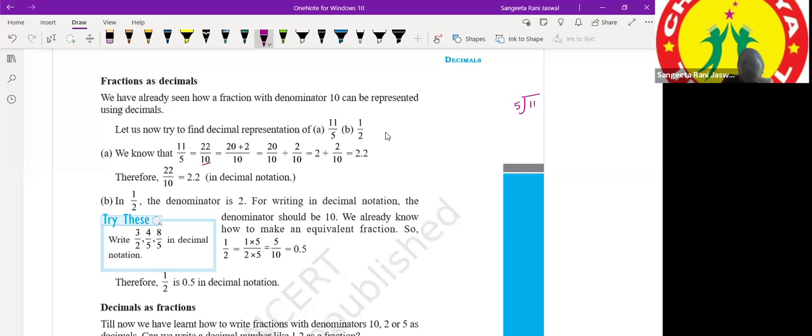Then 11 will also be multiplied by 2, because whatever you multiply with has to be multiplied by both numerator and denominator. So that becomes 22 by 10. And you know that whenever you divide by 10, 100, 1000, you place your decimal point after leaving one place from the right side. So that's how you get this.